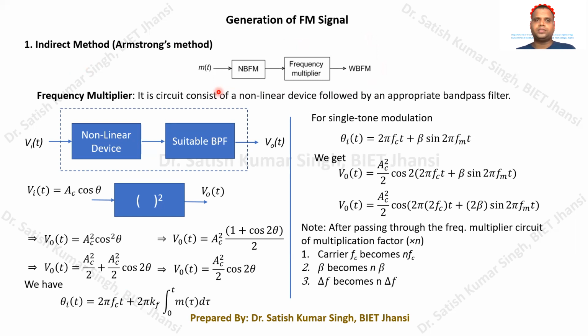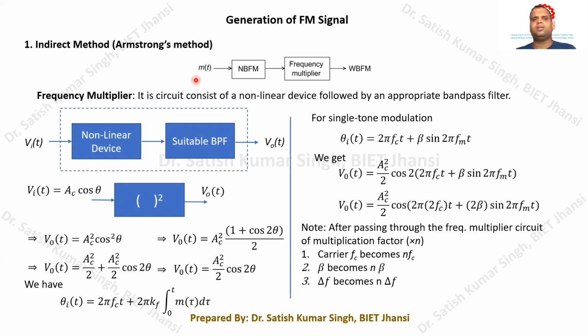Because first of all, the message signal that we want to send, in the case of FM, can be a voice message signal or an audio message signal. The audio signal has a frequency range from 20 hertz to 20 kilohertz, because it is the audible range for human ears, and our voice signal has a bandwidth from 300 hertz to 3.5 kilohertz.